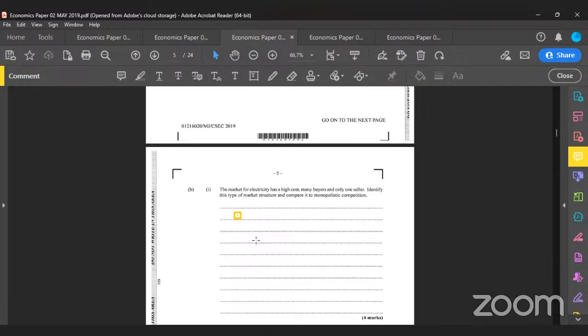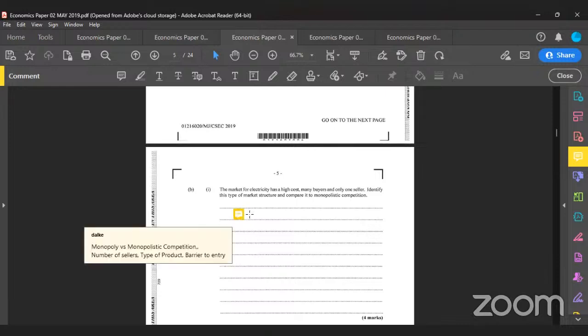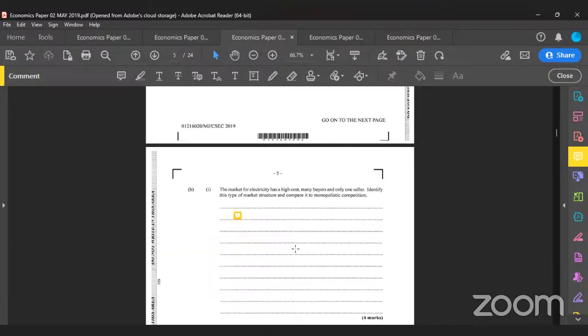So to compare this to monopolistic competition, we can use a number of things. The first characteristic of the market structures that we can look into is the number of sellers. Within a monopolistic competition, competition is the keyword here. There are many sellers.